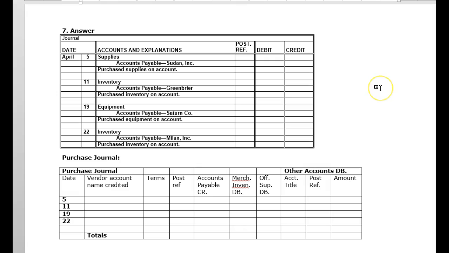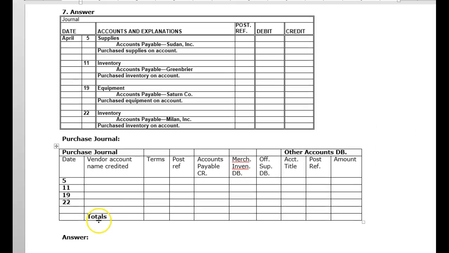But what you'll find even more so, much quicker, is when you post to the general ledger with these, because you aren't doing individual entries. So fill this out and see which one you like best. See which one you would prefer using, and then write an answer down here for me. I've put the accounts in here. I think you should be able to follow that fairly closely by the book.